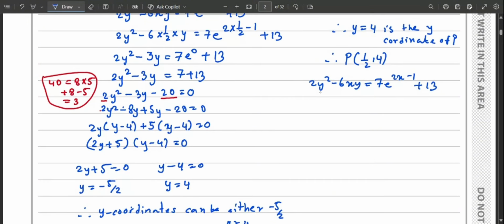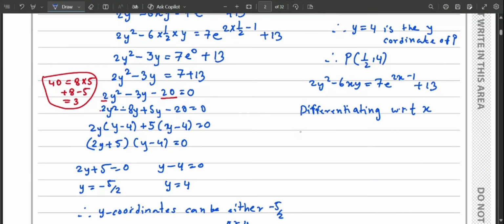To do this, we will assume that each variable y is a function of x. And when we make this assumption, we can differentiate this function implicitly. So we can write differentiating with respect to x on both sides.